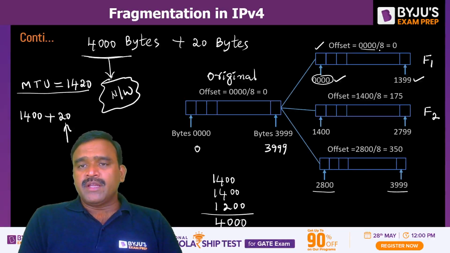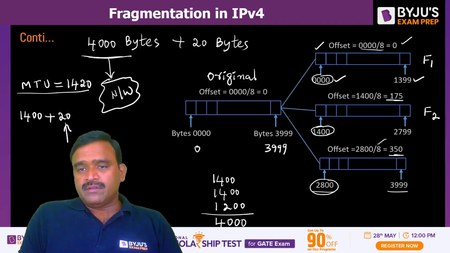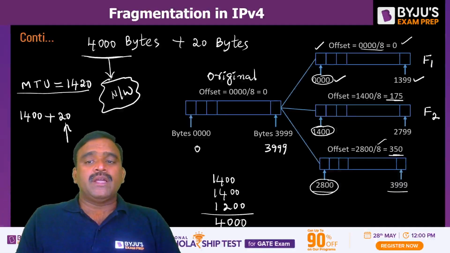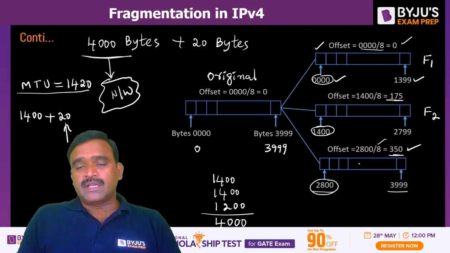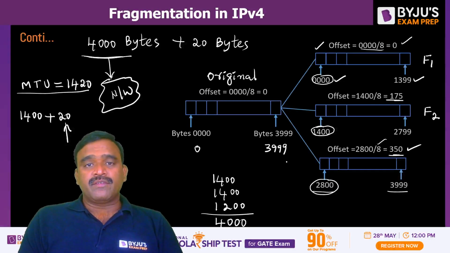So 0 divided by 8, the offset value of the first fragment is 0. The first byte ID 1400 divided by 8 gives 175 as the offset value. And the first byte ID 2800 divided by 8 gives the offset value. So the first byte ID of the data unit in the payload divided by 8 will be the offset value of that respective fragment. That's how we do the fragmentation.